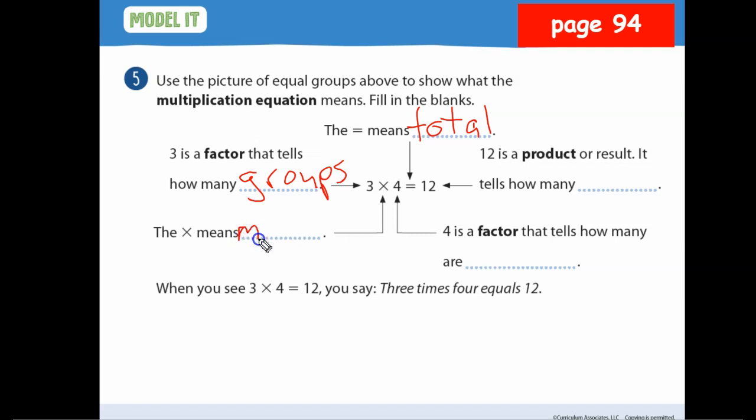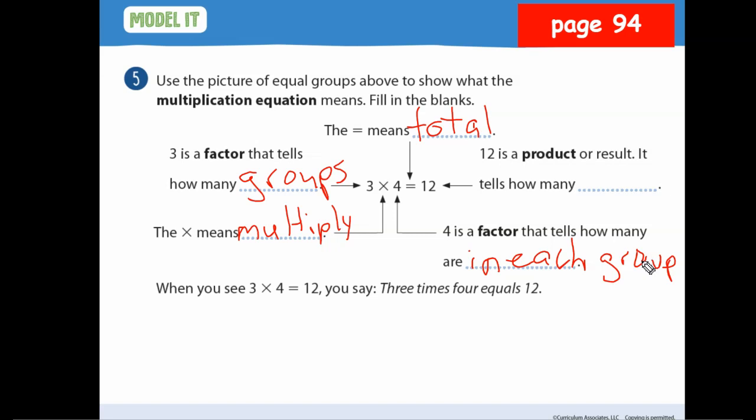Multiply. We want to use that. Multiply, okay? The 4 is a factor that tells you how many are in each group, right? And 12 is a product, a result.